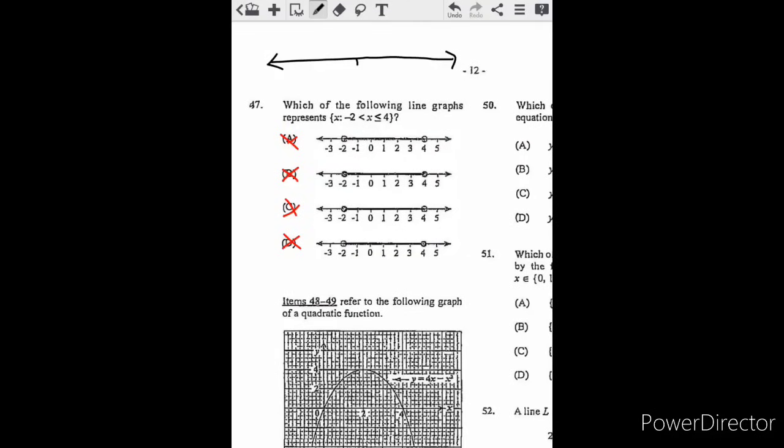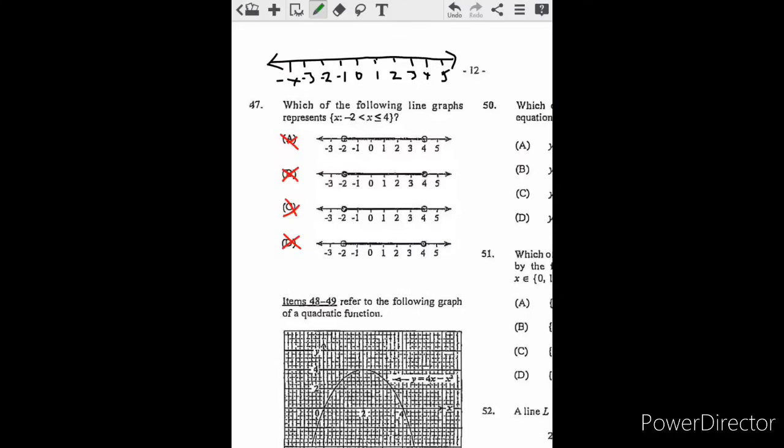So we have our line graph. In the center we have 0, and then we're just going to number it. Let's number 1, 2, 3, 4. Those are negatives. And then we'll number the positives. Okay, so our question says x is greater than negative 2.